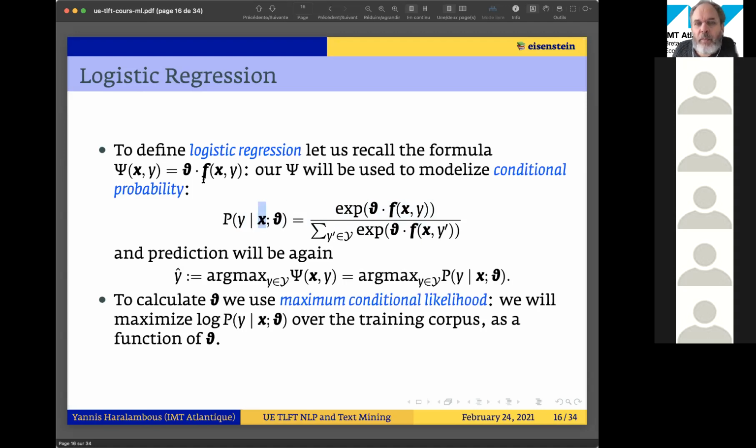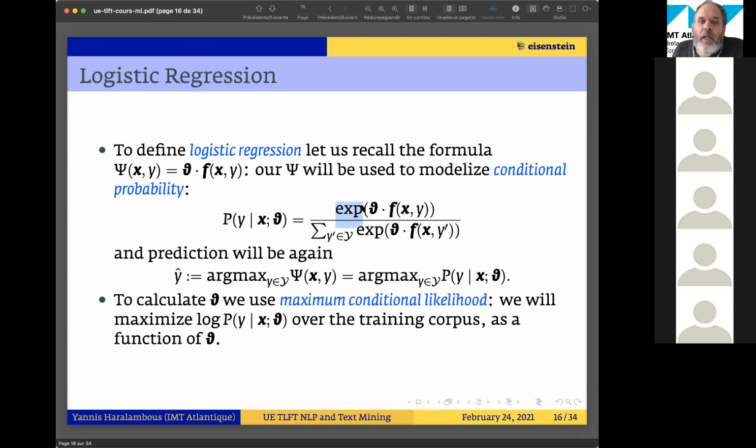Again, we will use a parametric model with a parameter theta. So this is the first specificity of logistic regression, that we will calculate conditional probabilities. And the second one is that it is linear classification, since we have, again, this scalar product. But this time, we take exponentials.